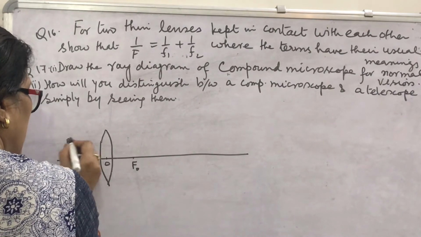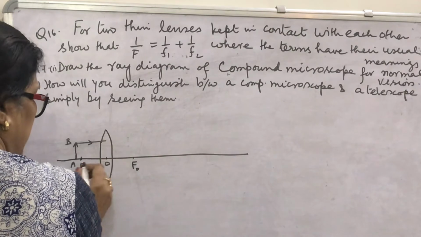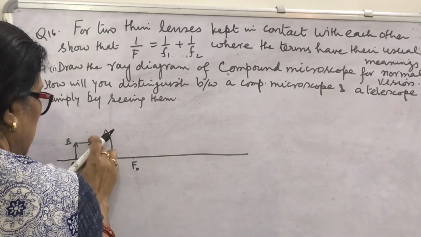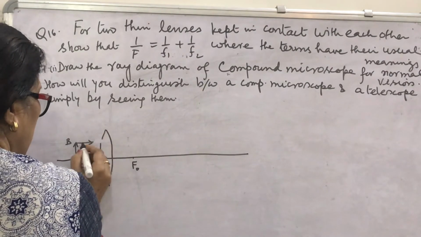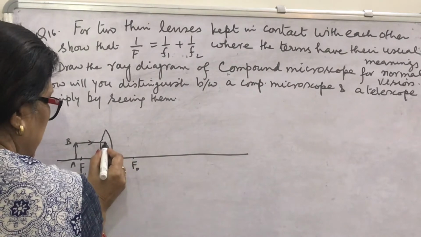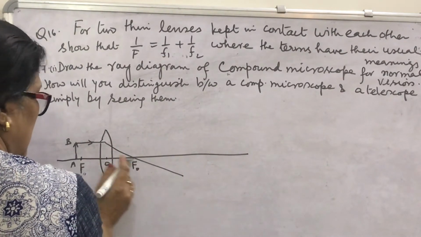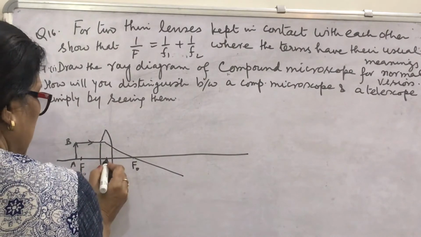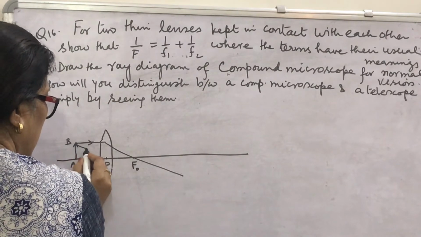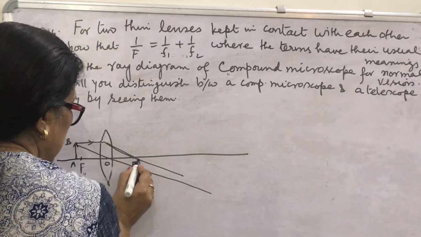From the object, one ray parallel to the principal axis will pass through the focus. So suppose this ray is parallel to the principal axis, it passes through the focus like this. The other ray passes through the optical center.